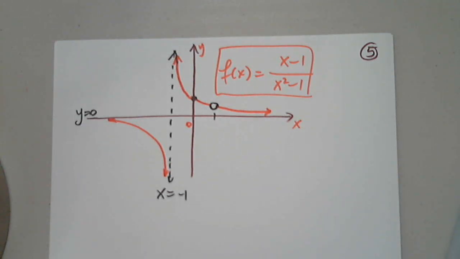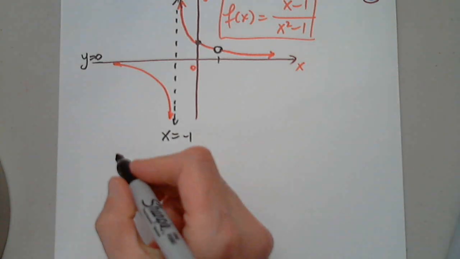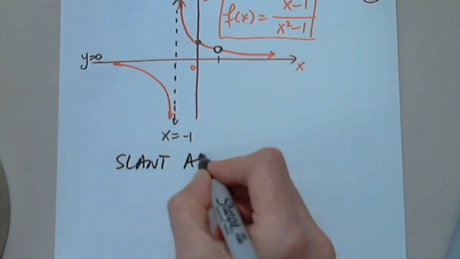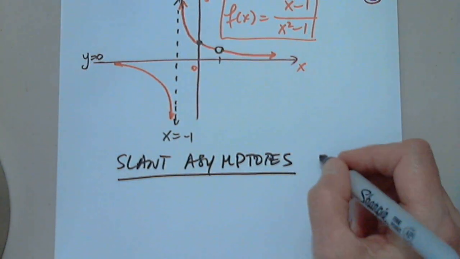I think we are going to practice some more, but I'd like to discuss the slant asymptotes now, for rational functions.